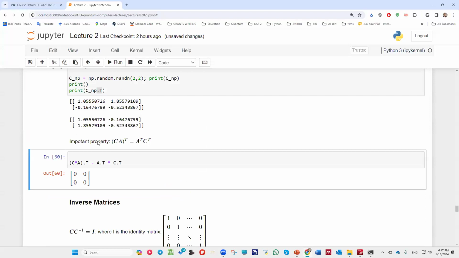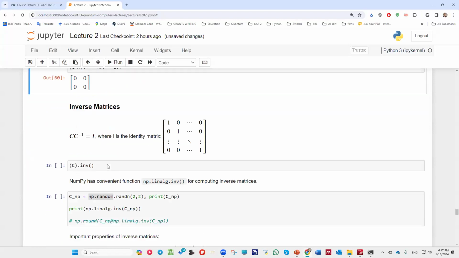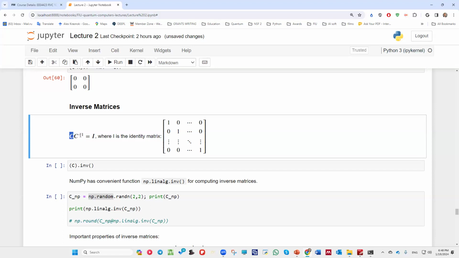All right. So, transpose. The next one is the inverse matrix. The inverse matrix is a matrix that, when multiplied by the matrix itself, gives the identity. So for example, I have some matrix C. I take the inverse matrix, indicated by C to the power of -1, right?